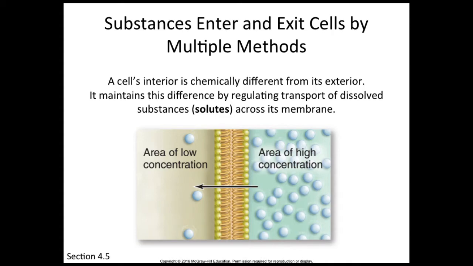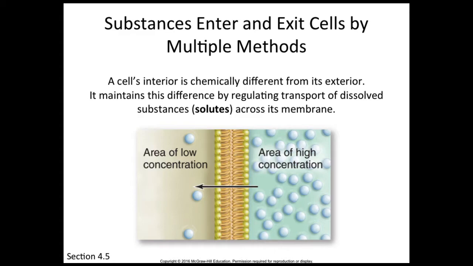A cell's interior is chemically different from its exterior. Remember that cells are basically just little sacs of enzymes and water. And by using those enzymes, which are types of proteins, they can do tons of different types of metabolic activities.